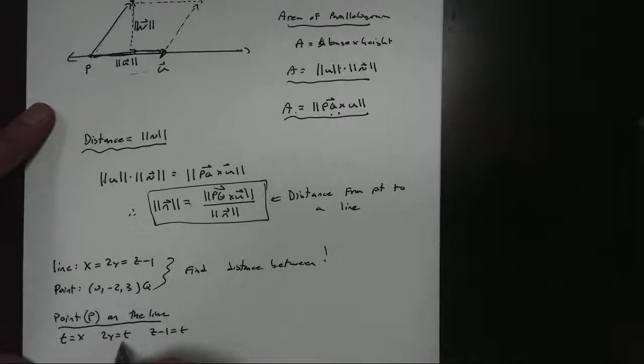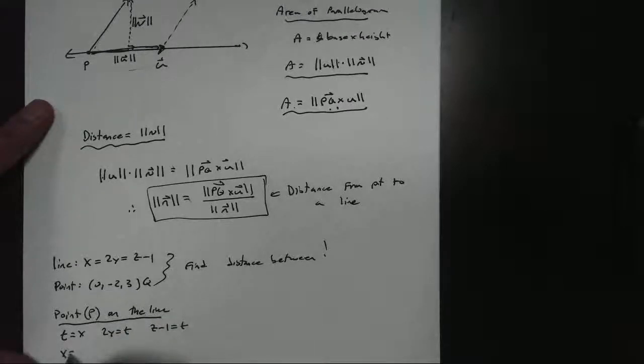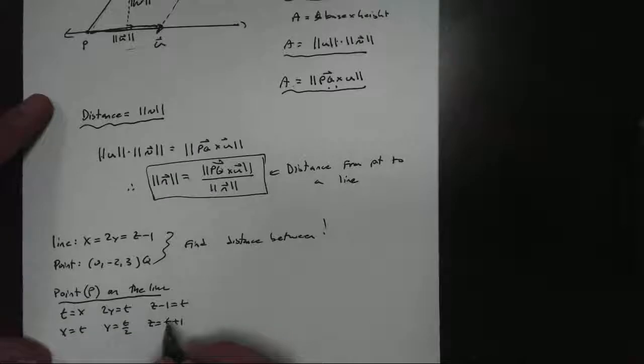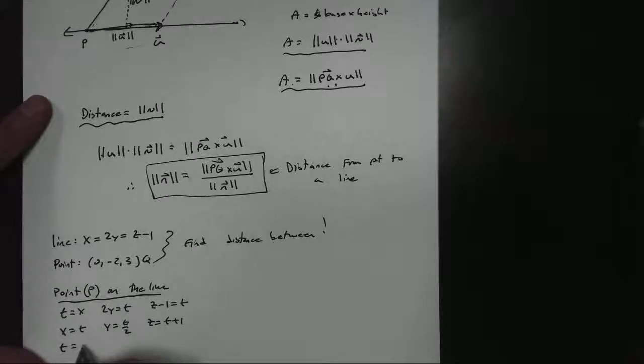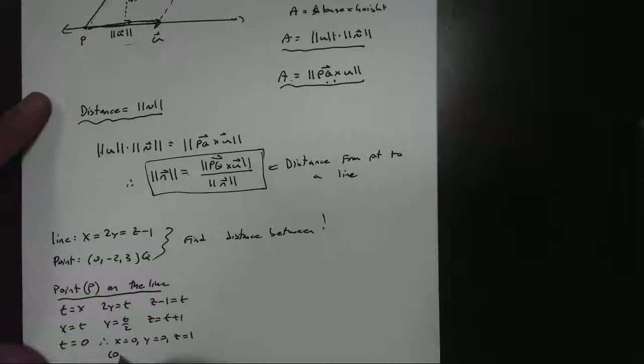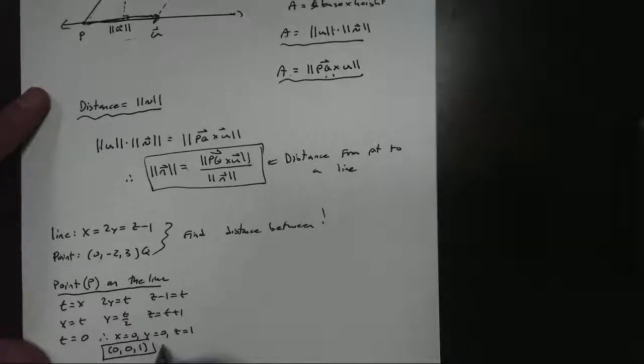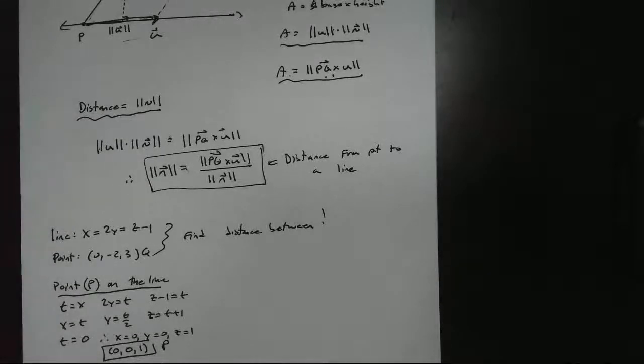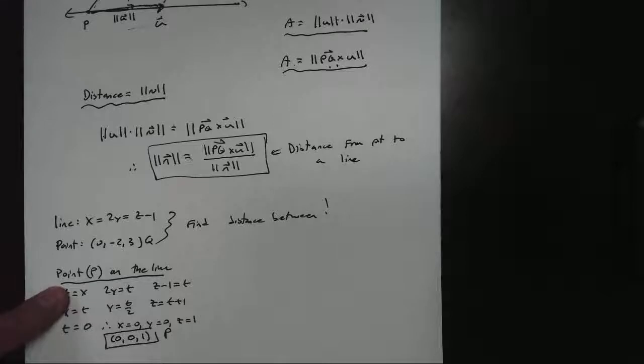Putting them in parametric form, x is equal to t, y is equal to t over 2, z is equal to t plus 1. If I pick a t value, let t equal 0, for instance, x would be 0, y would be 0, z would be 1. So the point on the line would be (0, 0, 1), and that's point P.